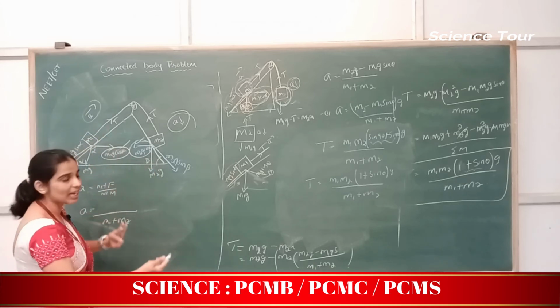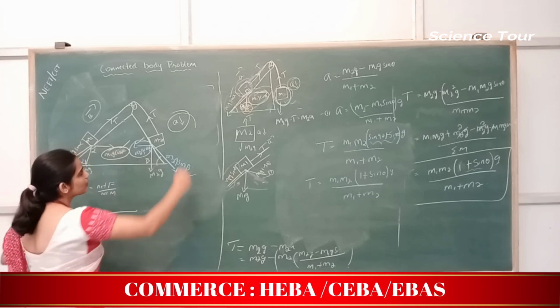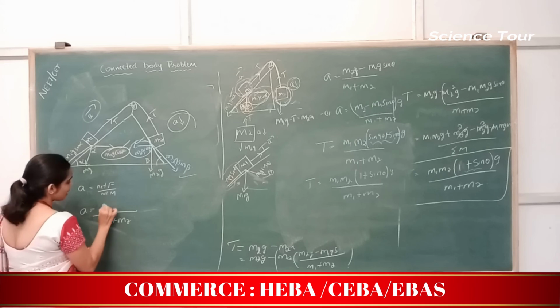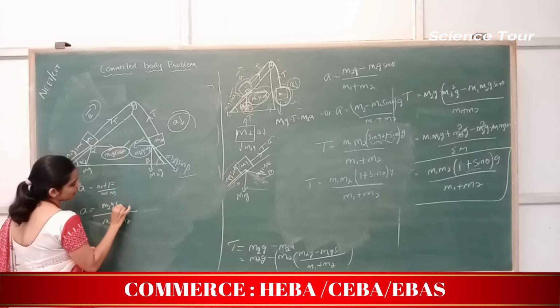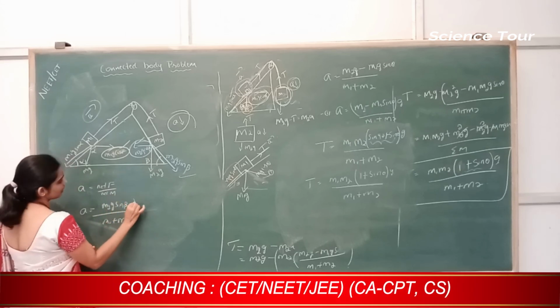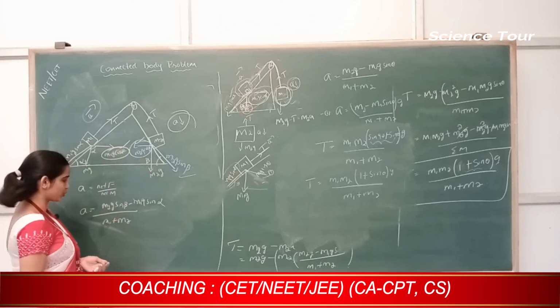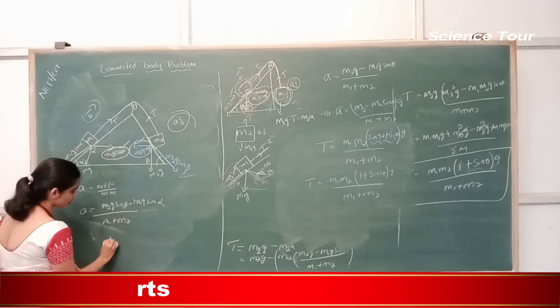In that, which is greater? Obviously m2g sin beta, because acceleration is towards that. So you can say that m2g sin beta minus m1g sin alpha is the net force. So now g is common, take it outside.